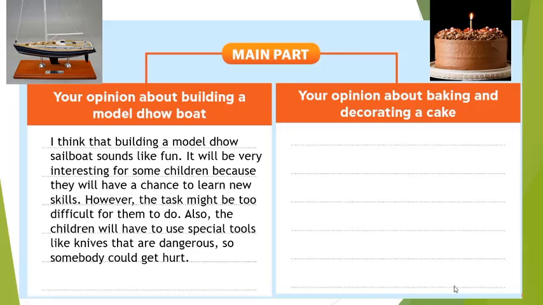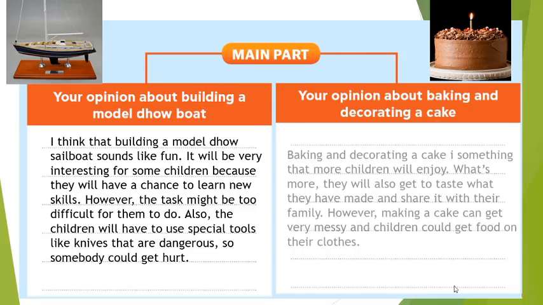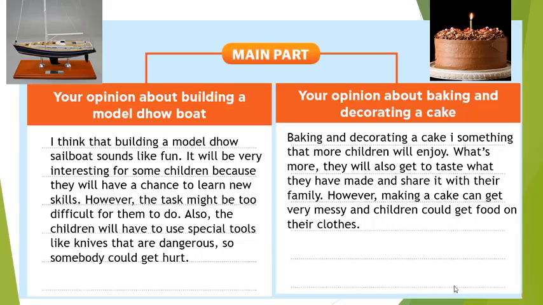As for the second one, which includes baking and decorating a cake. Baking and decorating a cake is something that more children will enjoy. What's more, they will also get to taste what they have made and share it with their family. So these are the advantages of baking and decorating a cake.